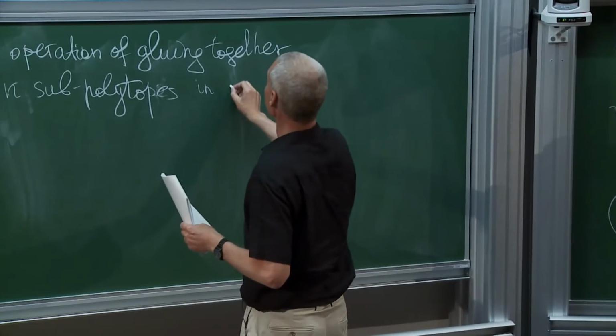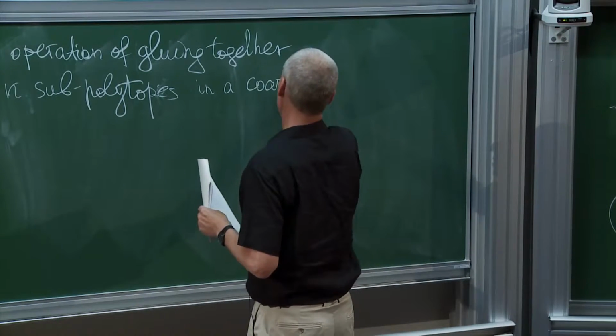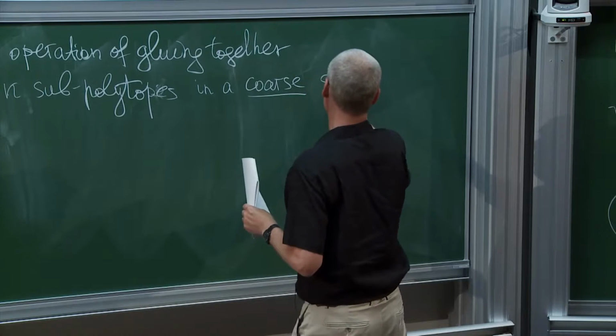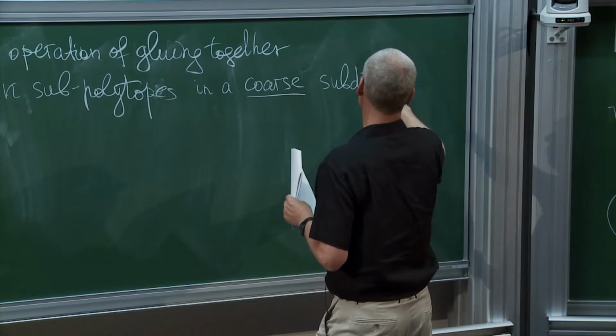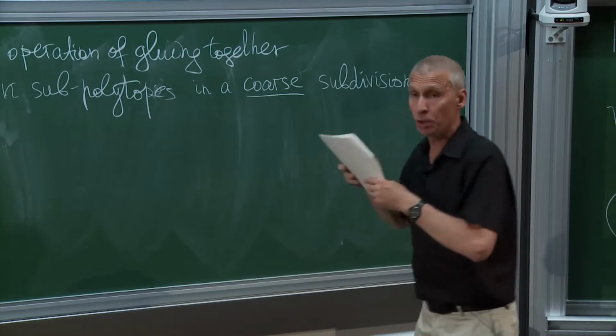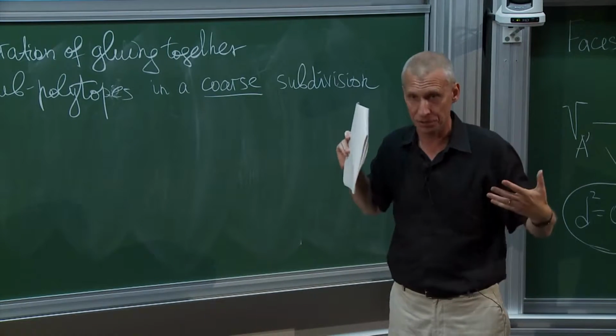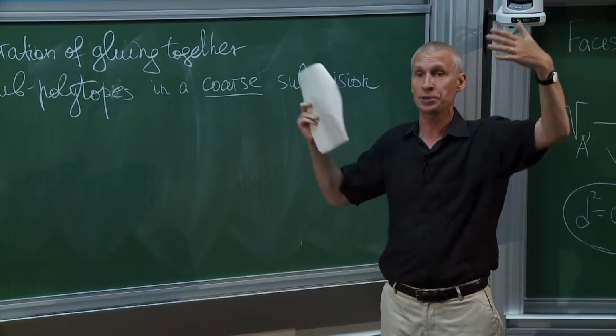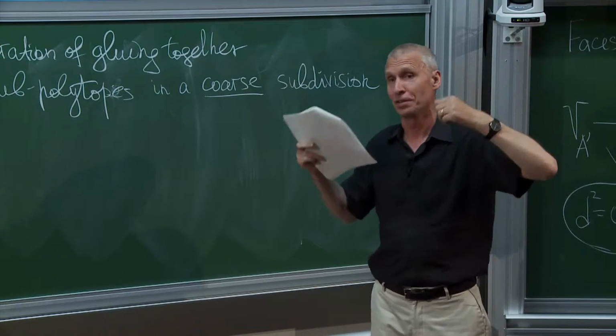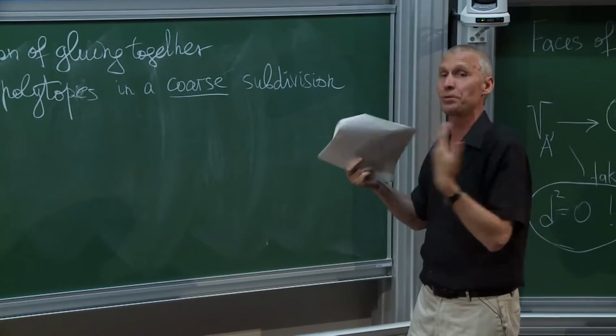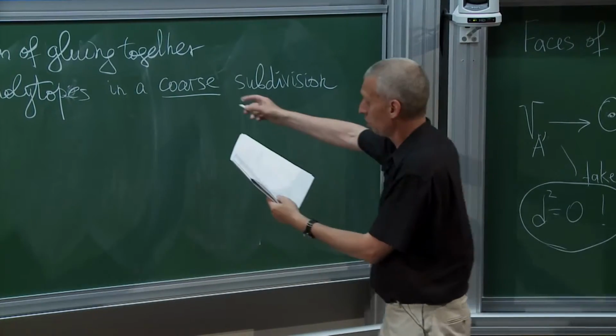Let's call this a coarse subdivision. So if triangulations are vertices and arbitrary faces are subdivisions, then faces of codimension 1 are minimal subdivisions, which you cannot do less than that. Let's call them coarse.